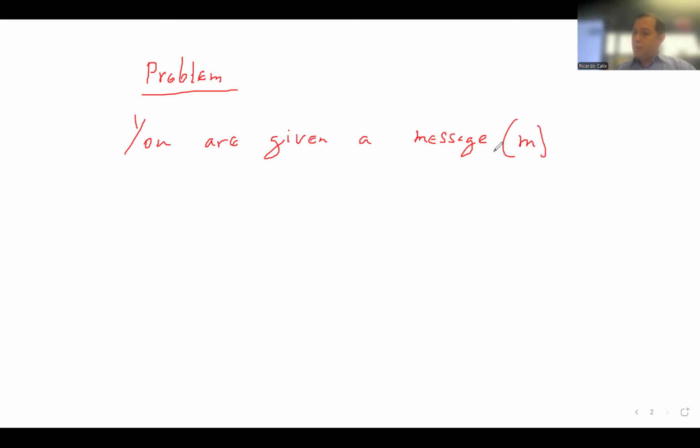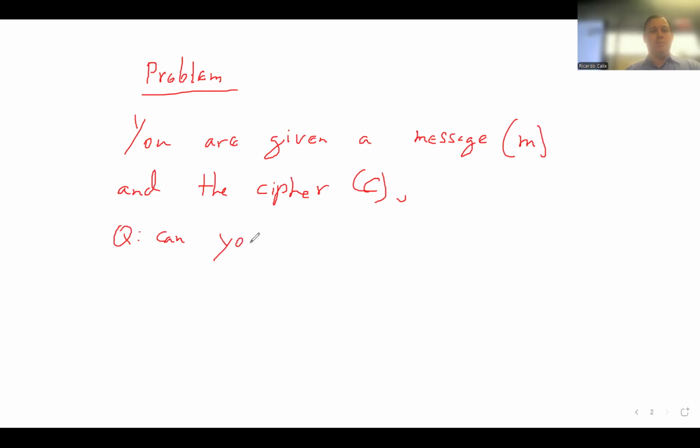You're given a message M, and you're also given its cipher, and the cipher C. So the question then is, can you compute the key EK from M and C?